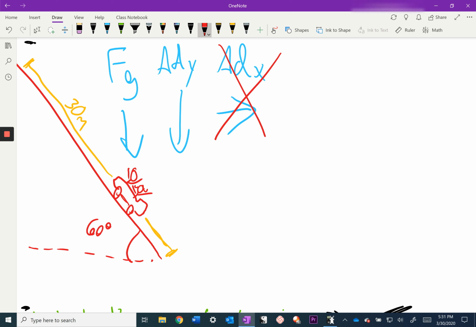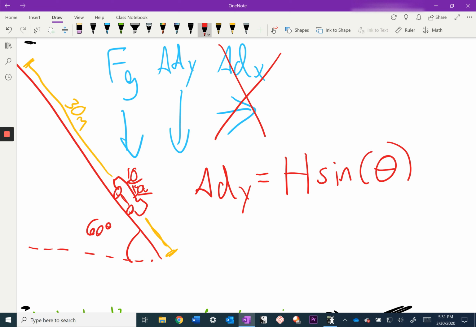So what we do in this case is we have our displacement in the y, because if we look at this, this matches our triangle from when we talked about an angle from the horizontal. So that means our displacement in the y is going to be h sine theta.